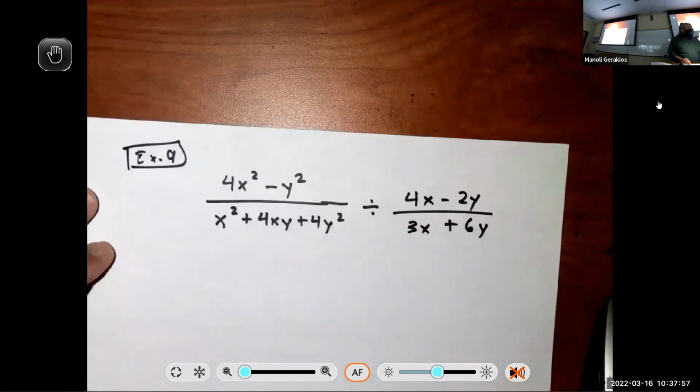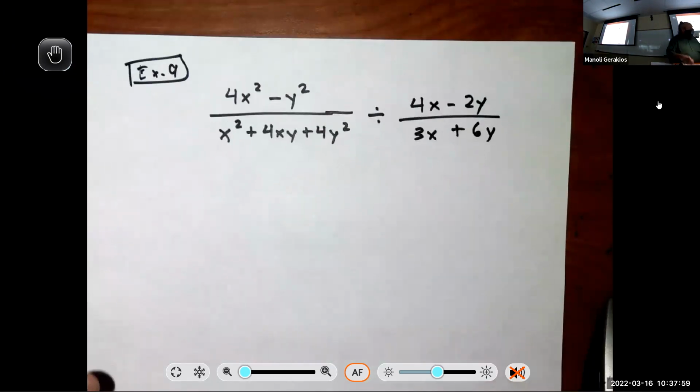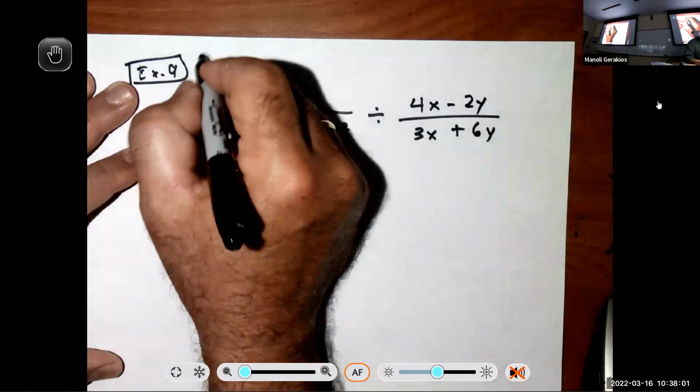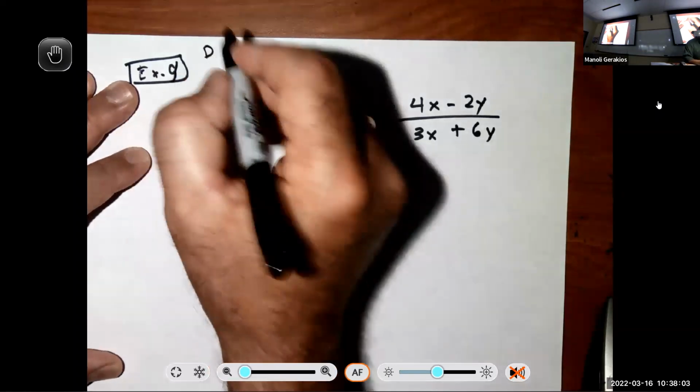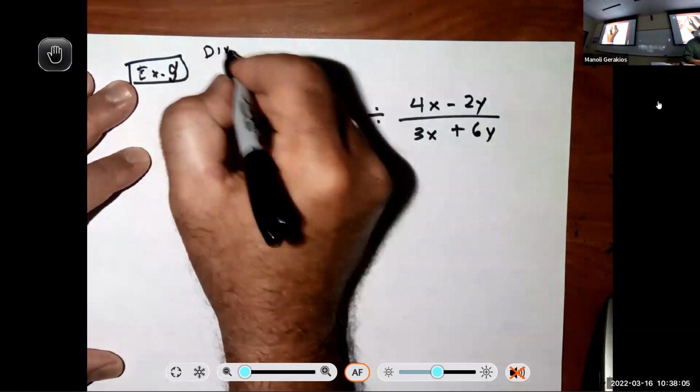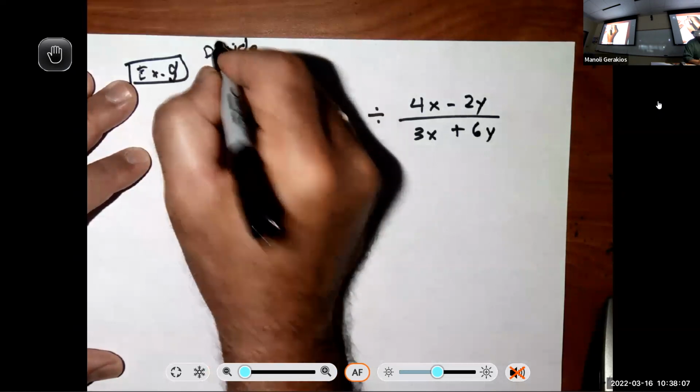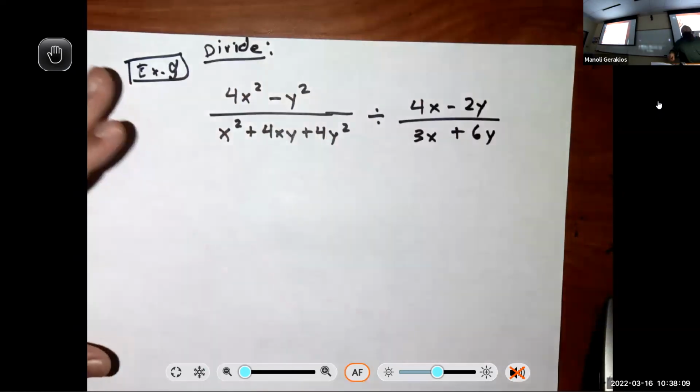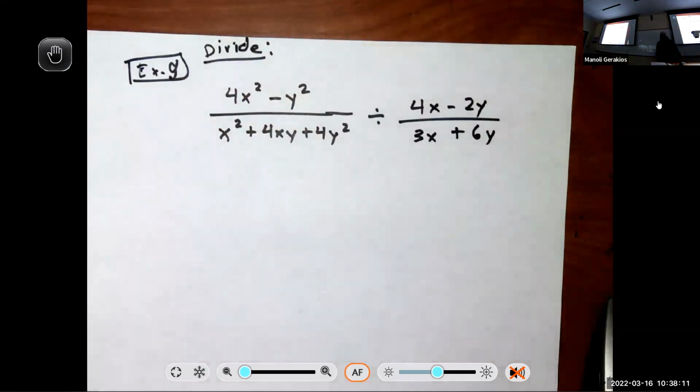The instruction for this is divide. It looks like two fractions, and you treat it like two fractions. So what's the rule for dividing fractions?